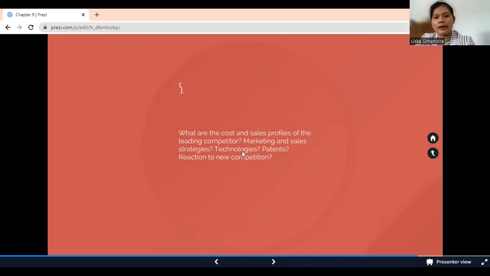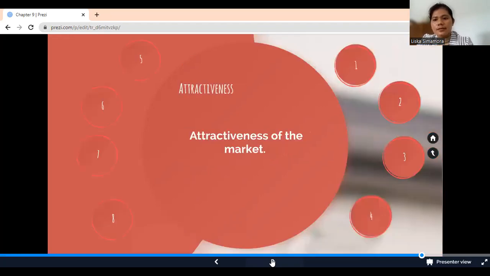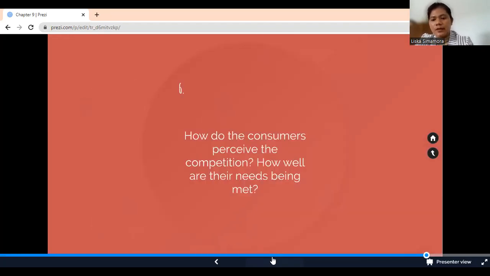Okay, and then whether they use technology. Okay, for this part, of course, for the business model we maybe need patents, right? Next, how do the consumers perceive the competition?